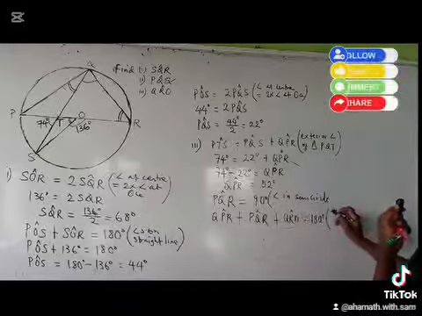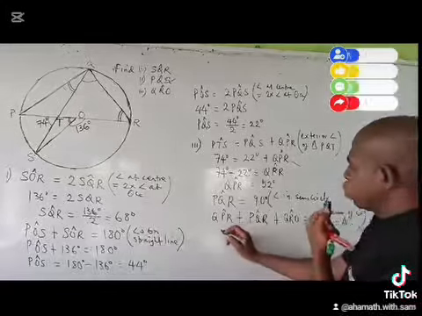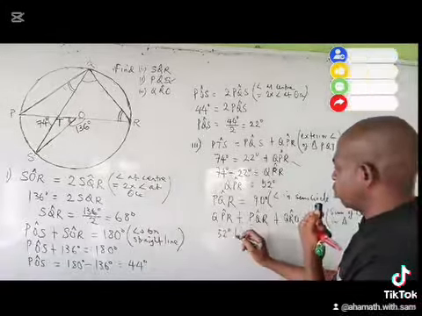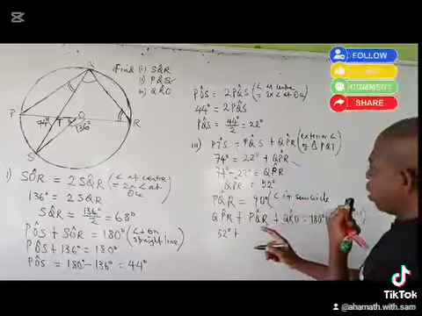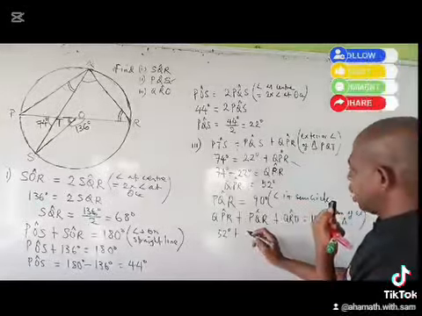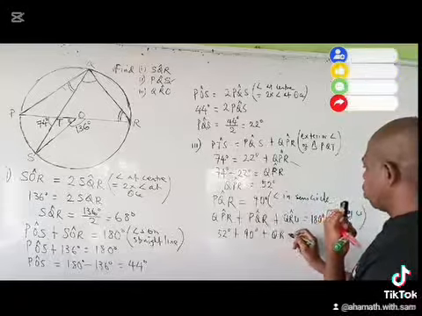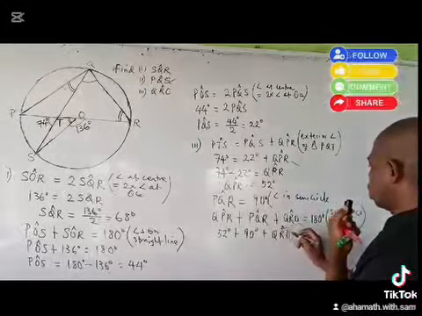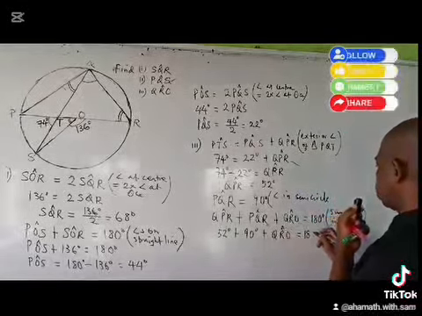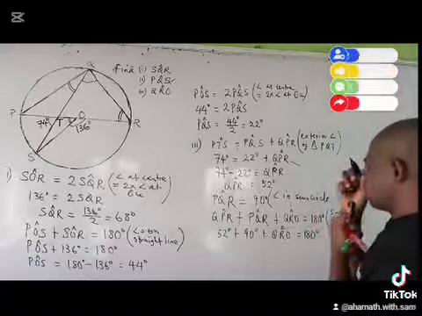The reason is the sum of angles in a triangle. QPR we've seen to be 52 degrees, PQR is 90 degrees, plus QRO is equal to 180 degrees.